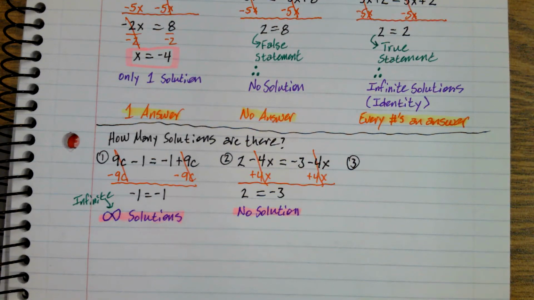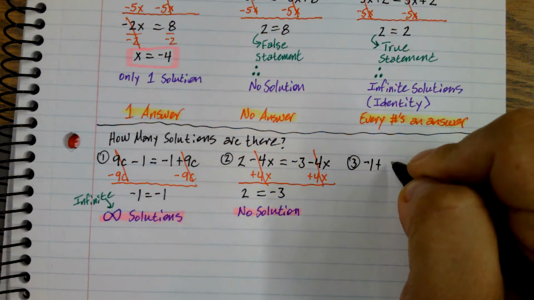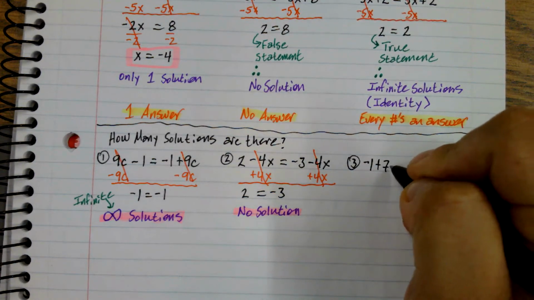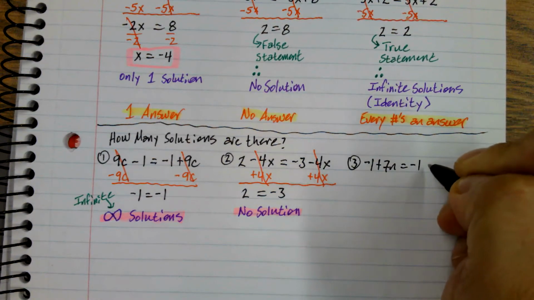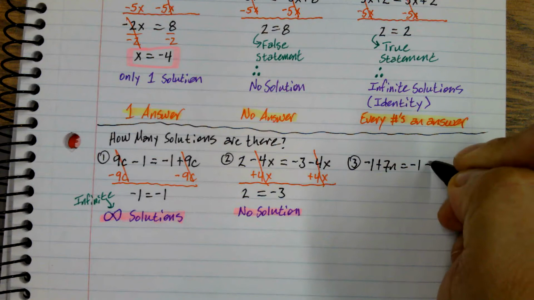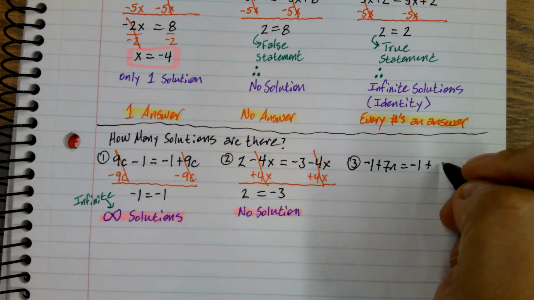Okay? So let's say I have -1 plus 7n equals -1 plus 5n.